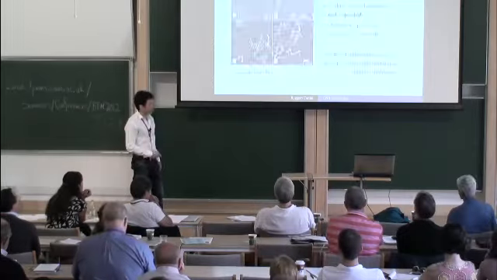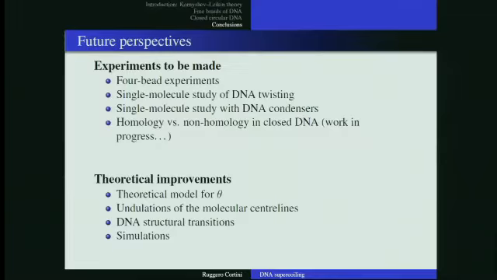So in conclusion, more experiments are needed to prove that these effects are real. In particular, four bead experiments that are currently underway in the group of Heijswoud in Amsterdam, single molecule experiments of which we are now preparing a theory, and homology versus non-homology in closed loop DNA, which is work currently underway at the chemistry department at Imperial, and there are some preliminary encouraging results which I will not tell you about.